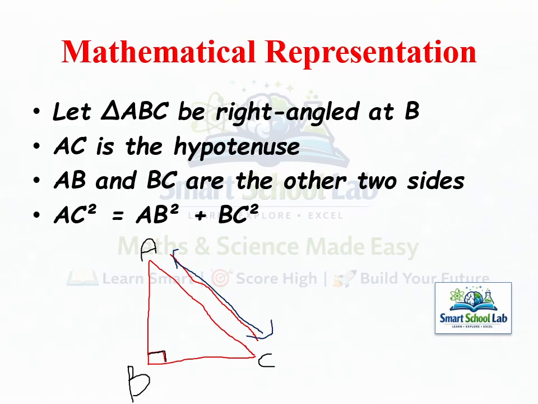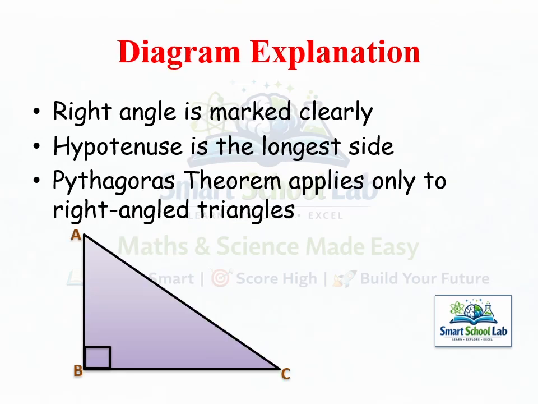And AB and BC are the other two sides. So in this theorem, we have to prove that AC square is equal to AB square plus BC square.